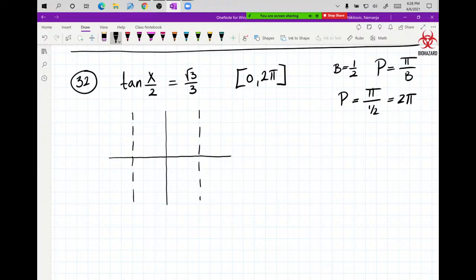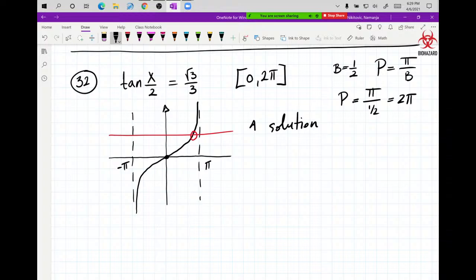And now, because our period is 2 pi, each asymptote will be at pi because it has to be centered, right? And if the whole length is 2 pi, then halves on each side, which is a single pi. And we draw the tangent function. And then when I draw root 3 divided by 3, there's only one intersection. We are expecting one solution.